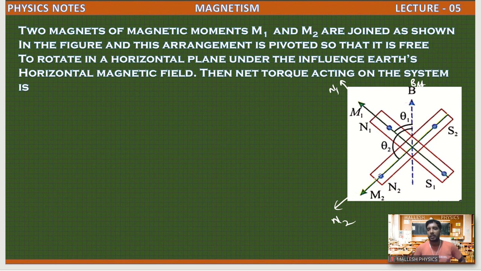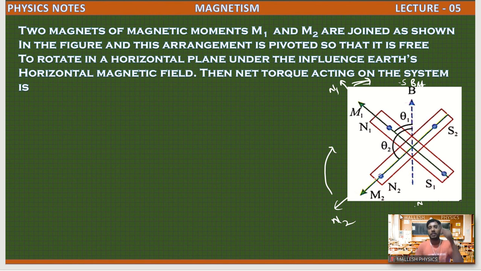As Earth's magnetic field is in this direction, here it is south and down it is north. Then this N1 will be attracted towards Earth's magnetic south, and this N2 of the second bar magnet will also be repelled by the north pole of Earth's magnet and attracted by the south pole. Means both try to rotate clockwise.